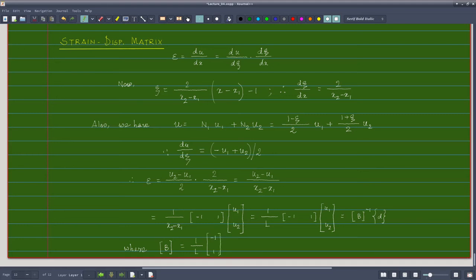All right, so we have got our strain displacement matrix like this for our element.